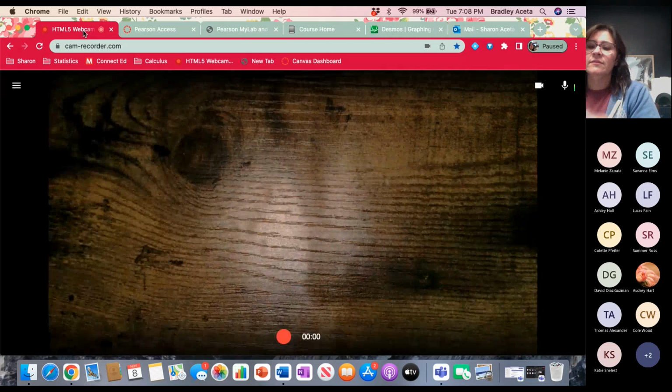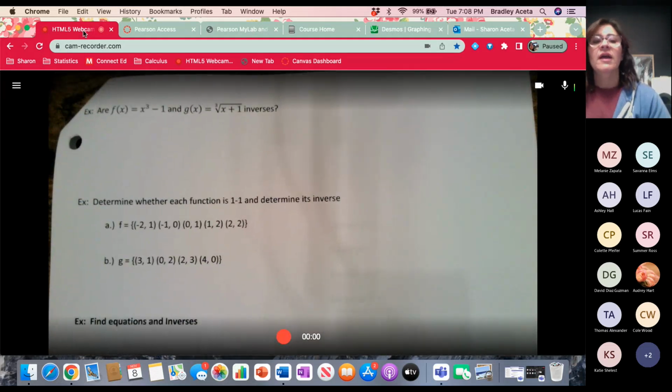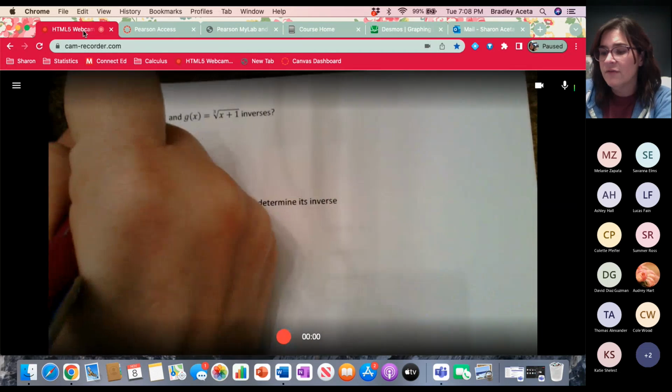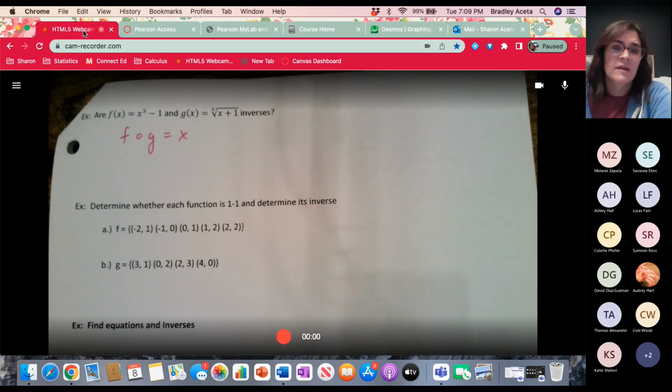So let's see what the first question is right here. Are f of x equals x cubed minus 1 and g of x equals the cube root of x plus 1 inverses? This is that last statement that I just wrote on the previous page. If you have two functions and you want to find out if they're inverses, you just have to compose them, and if it equals x, then it works out.